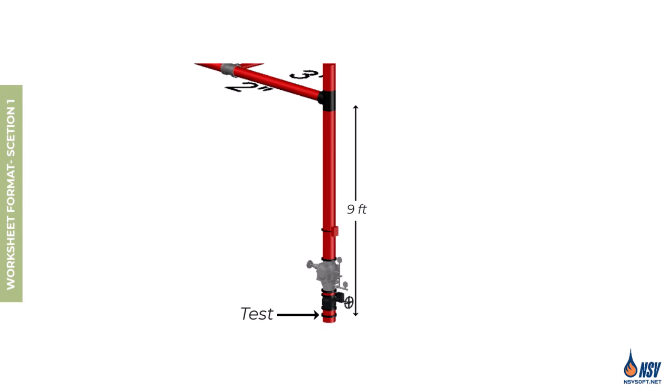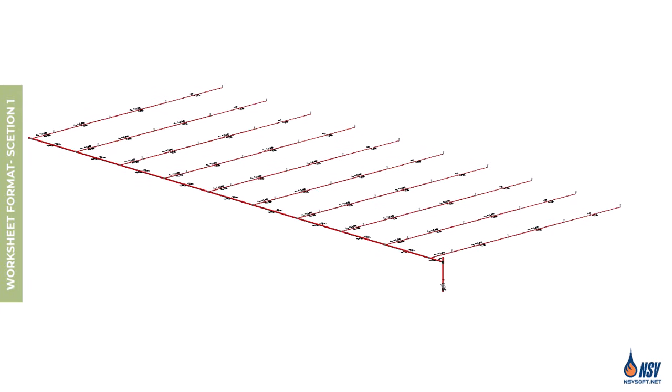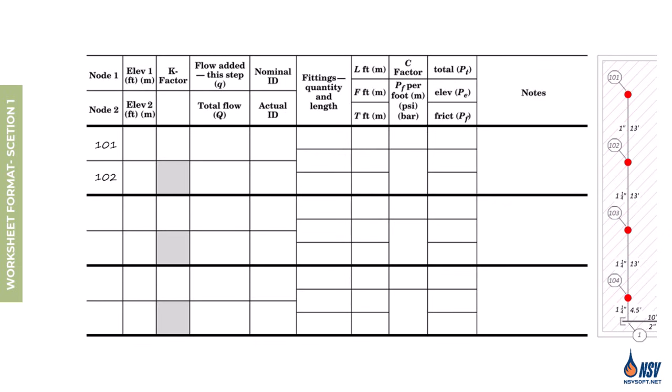Since the riser length is 9 feet, and we have assumed that all cross mains, branch lines, and sprinklers are at the same elevation, we can conclude that both the start and end nodes of this segment have an elevation of 9 feet. It is important to note that the selection of the reference plane at the beginning of the calculation is arbitrary. We could choose any plane. However, once selected, the reference plane must remain consistent throughout the entire calculation process.